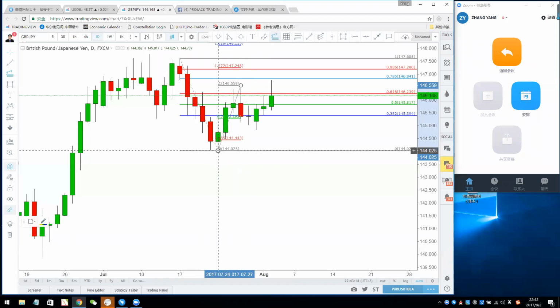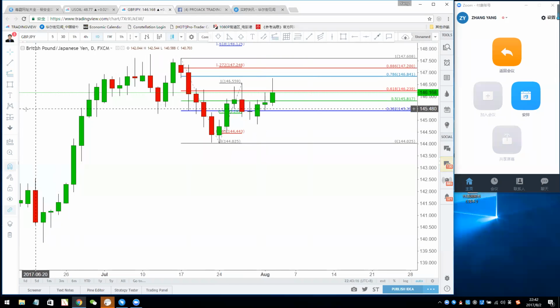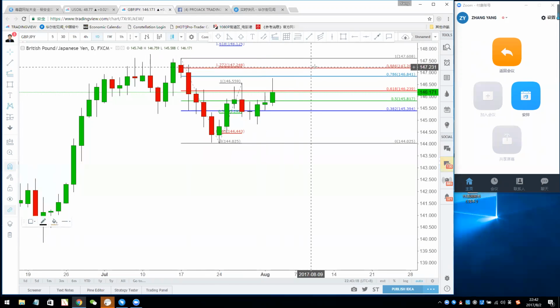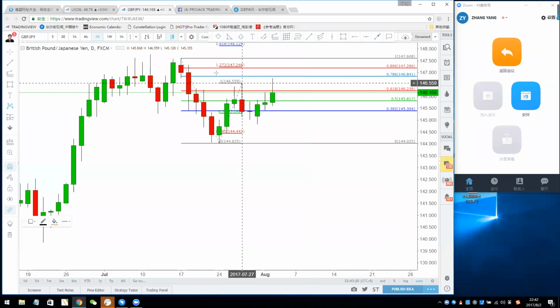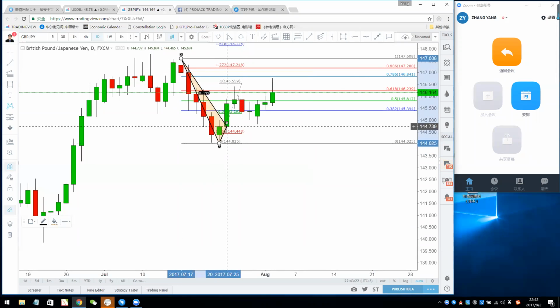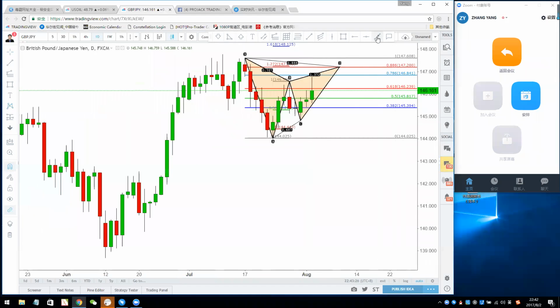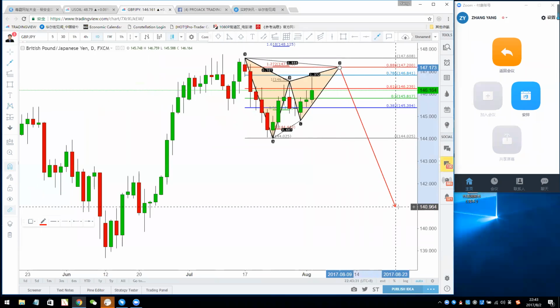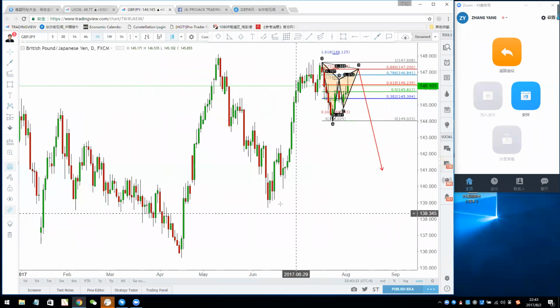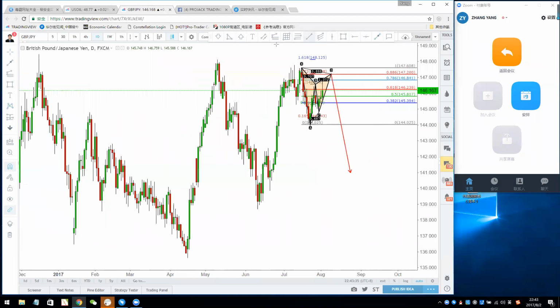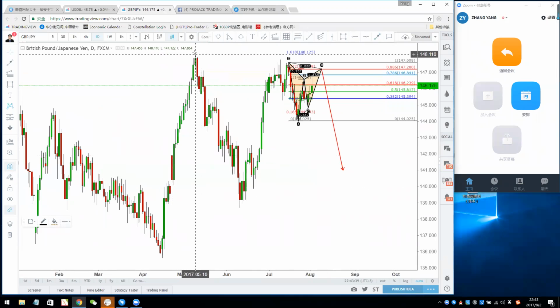The entry level will be about 147.20. I will use these harmonic patterns to take a short, and I'm looking for a big reward to 141 at least, because we are still in a previous big bearish pattern here.